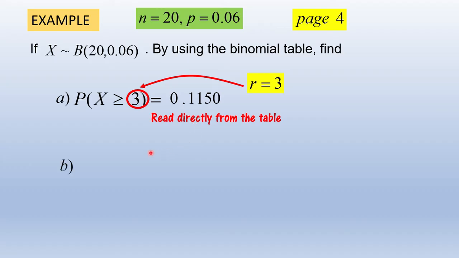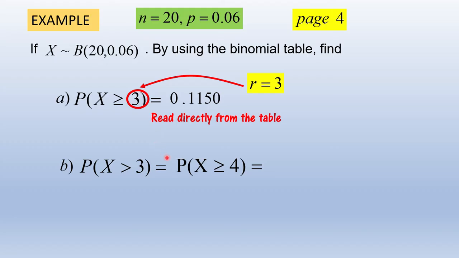Now we continue with B. Probability x more than 3. The binomial distribution is a discrete random variable, so please take note that 3 is not included here. So what is the integer after 3? We want to find the probability x more than or equal to 4 until n equals 20.